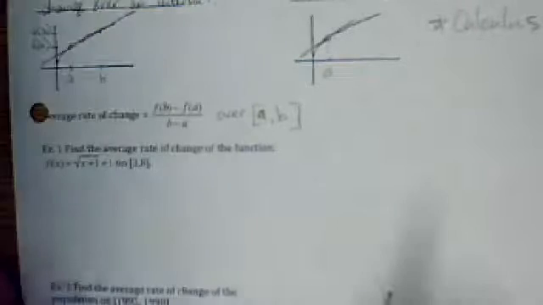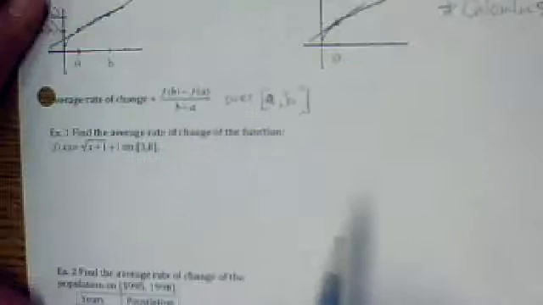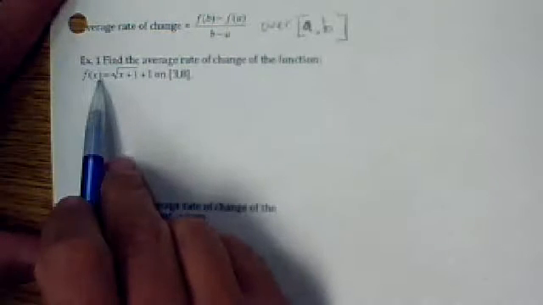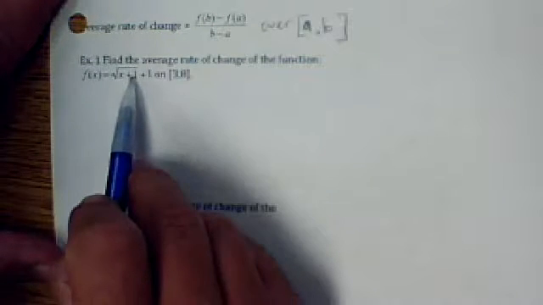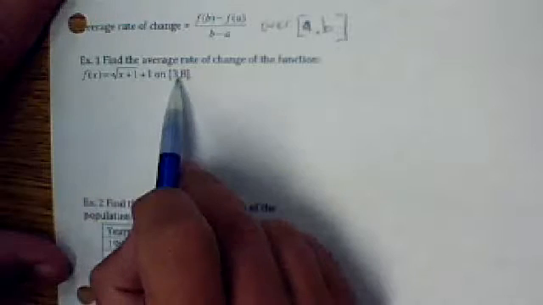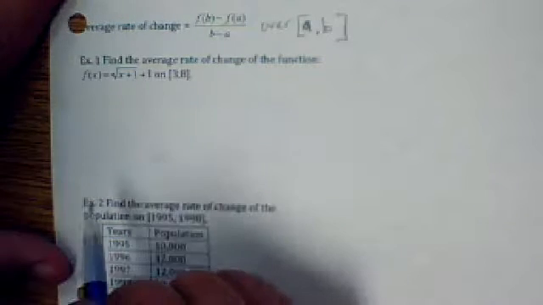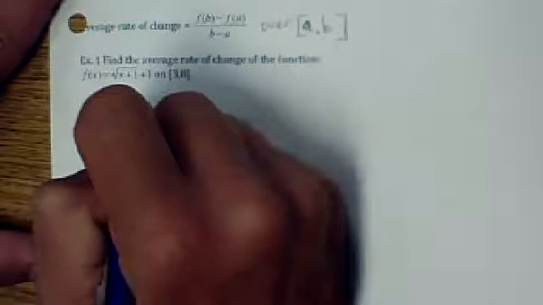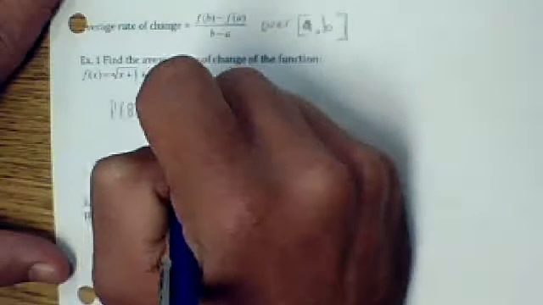Okay? Now, really simple. Let's take this first example. F of x equals the square root of x plus 1 on the outside over the interval 3 to 8. Okay? So we're going to find f of 8 if this is a and b.